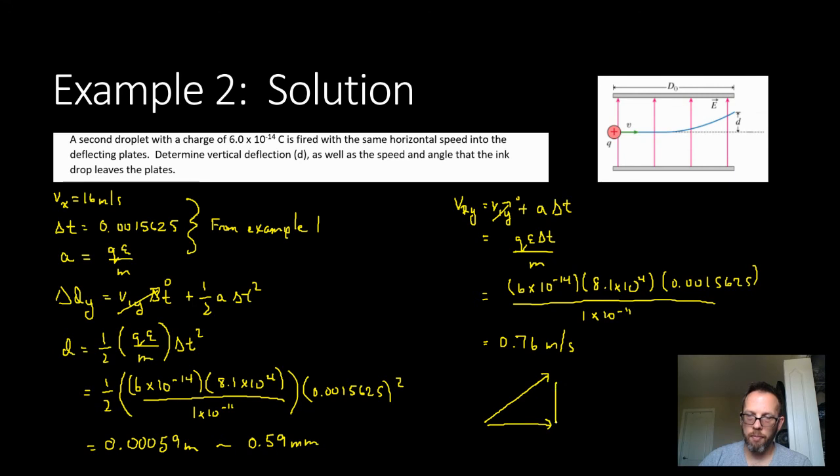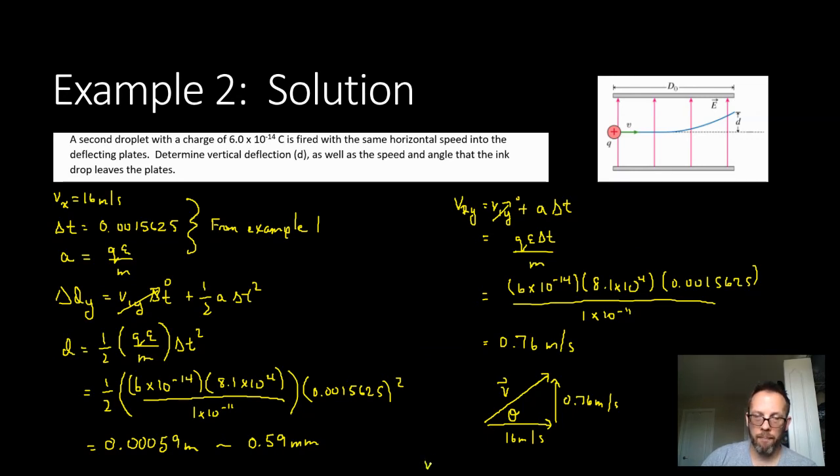What we know is that the ink droplet is moving with a horizontal speed of 16 meters per second. And we just found out that as it leaves the parallel plates here, it has a vertical component speed of 0.76 meters per second. That means we can find the angle and the final speed that it leaves with. That's just right angle trigonometry.